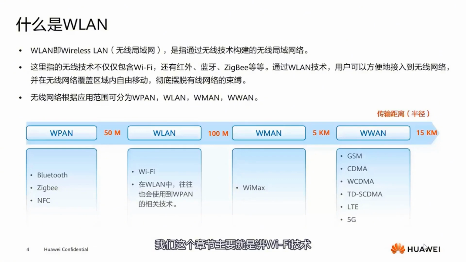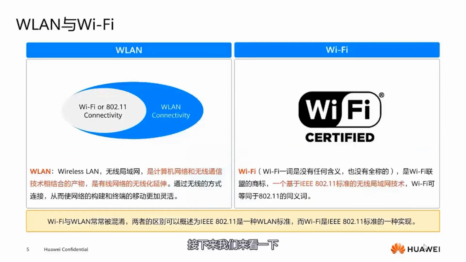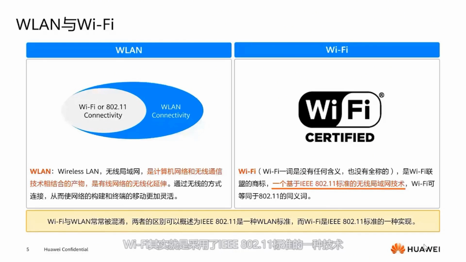Next, let's look at the differences between WLAN and Wi-Fi. The first is the relationship of inclusion. Wi-Fi is actually a wireless local area network technology based on the IEEE 802.11 standard, meaning that Wi-Fi is a technology within the scope of WLAN technology.